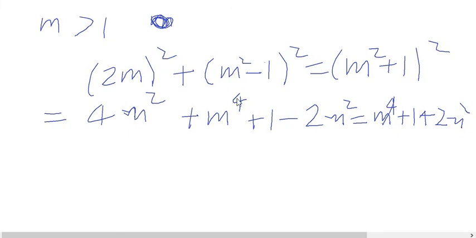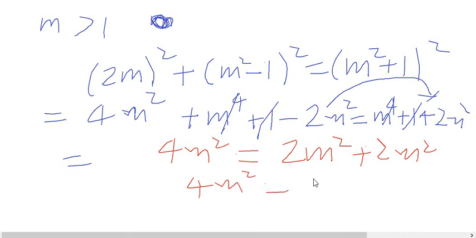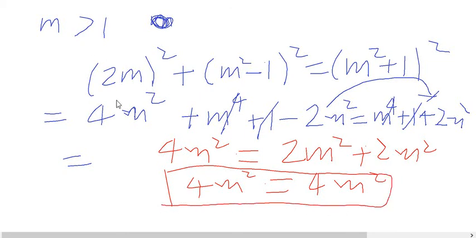So m to power 4 and 1 cancel, and we get 4m square equals 2m square plus 2m square. So 4m square equals 4m square. So LHS equals RHS.